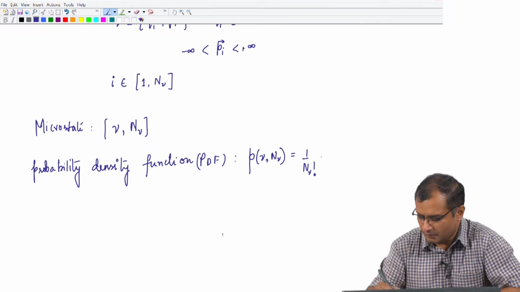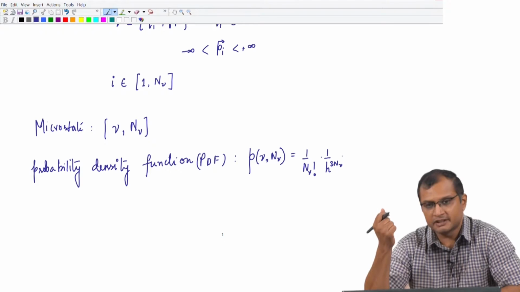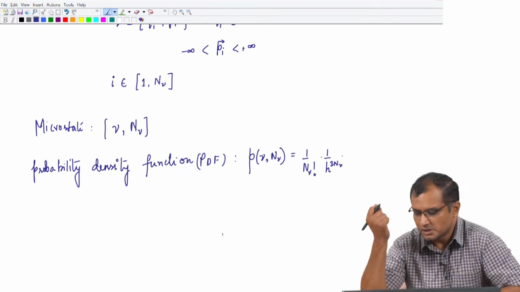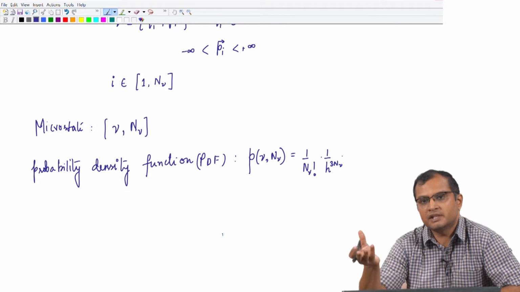Now, I am also going to take the cell factor h to the power 3N_nu, where h is our familiar action having the dimensions of angular momentum, and this solely exists here to enable us to count the number of microstates.